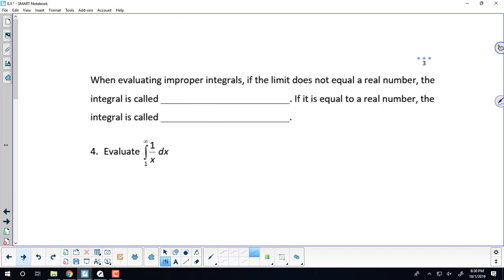So this idea that we talk about here in this paragraph carries over to chapter 11 when we talk about sequences and series.